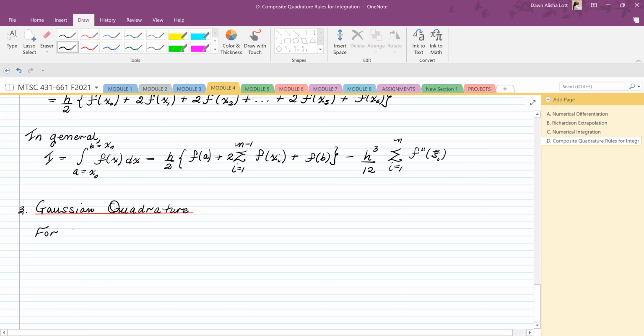For the composite Newton-Cotes formulas, the function is evaluated at equally spaced points.